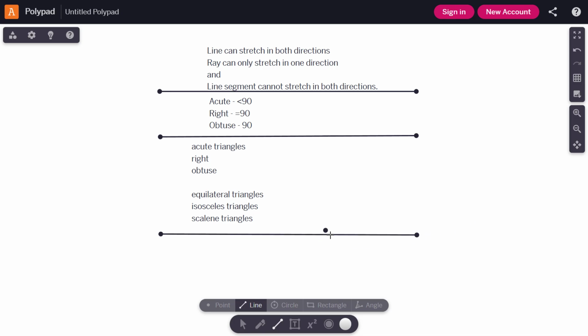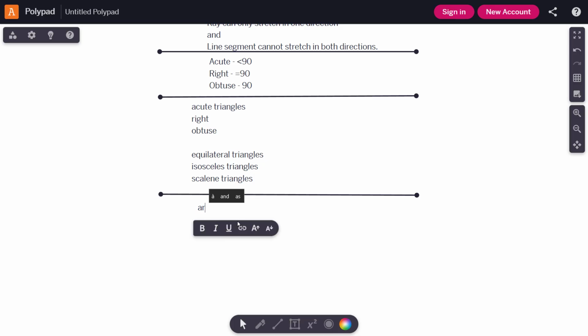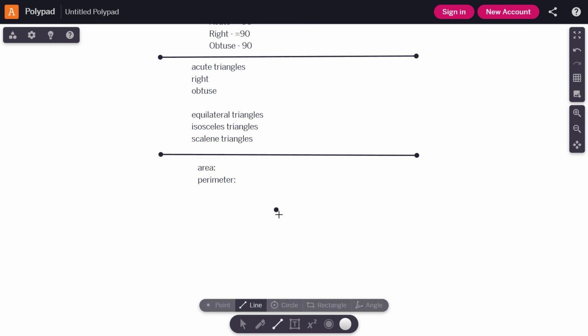Next, we're going to try to calculate the area and the perimeter of a triangle. Well, I gotta tell you guys what an area and a perimeter are first.